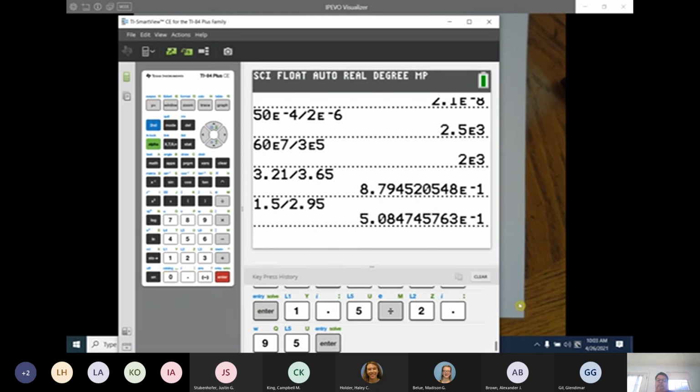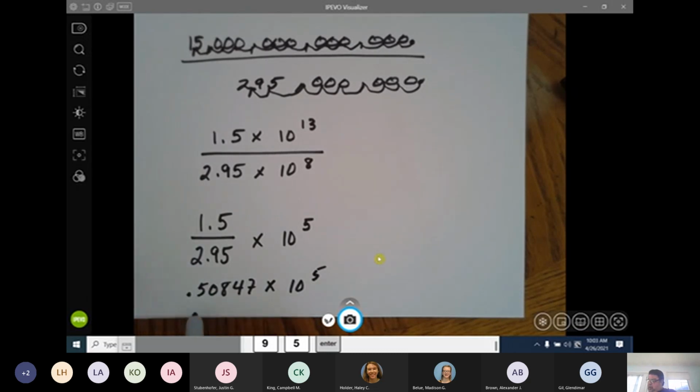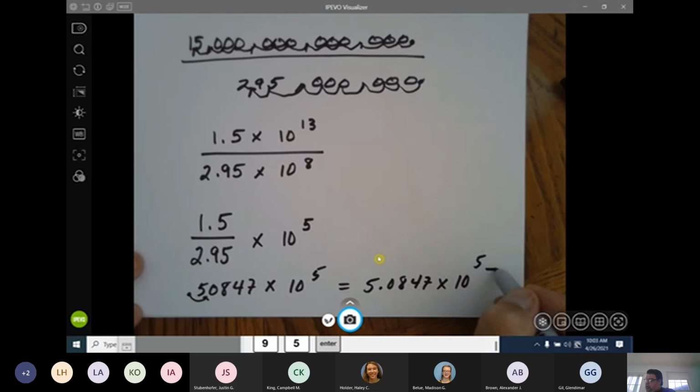And now I can do it right here, move it one place, and that's going to be 5.0847 times 10 to the 5 minus 1. And which way do I move this decimal in my head to get it back the way it was, to the left?